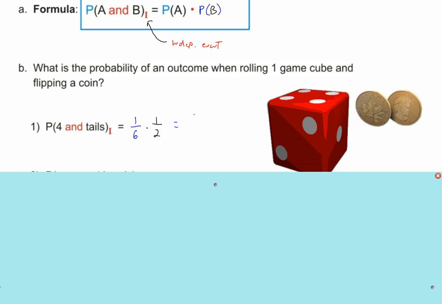So we all know 1 times 1 is 1, and we all know 6 times 2 is 12. So the probability of being able to roll a 4 and also flip a tails is 1 out of every 12 attempts.